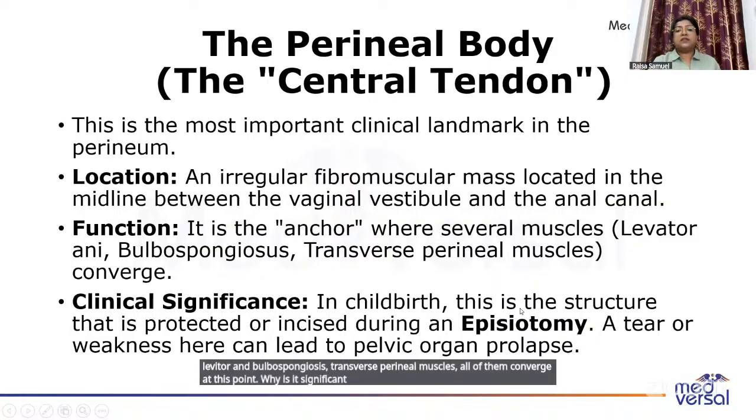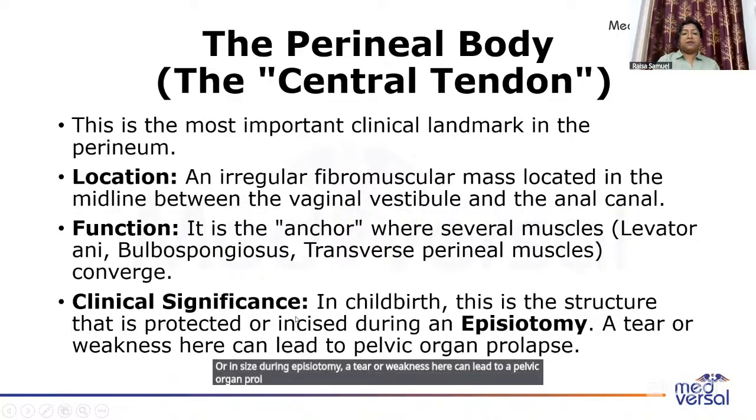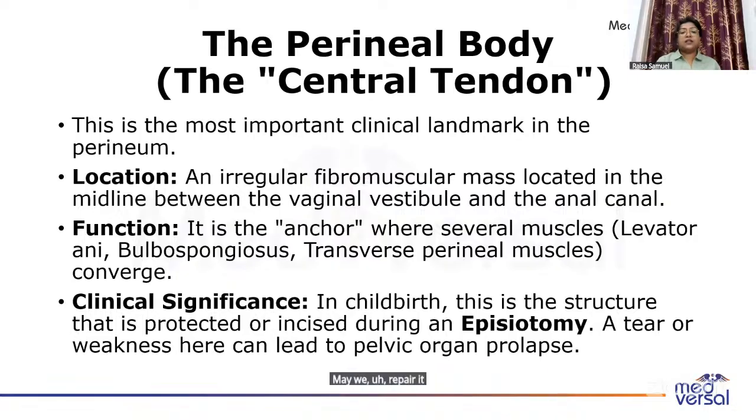In childbirth, this is the structure that is protected or incised during episiotomy. A tear or weakness here can lead to pelvic organ prolapse. So when we are suturing, we make sure that the episiotomy is sutured well, and if there is a third degree tear, we repair it carefully so that the muscles and sphincters are intact.